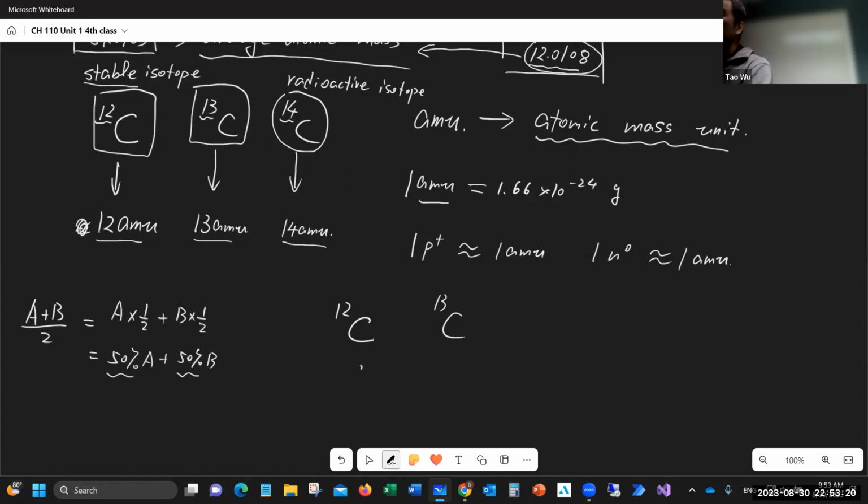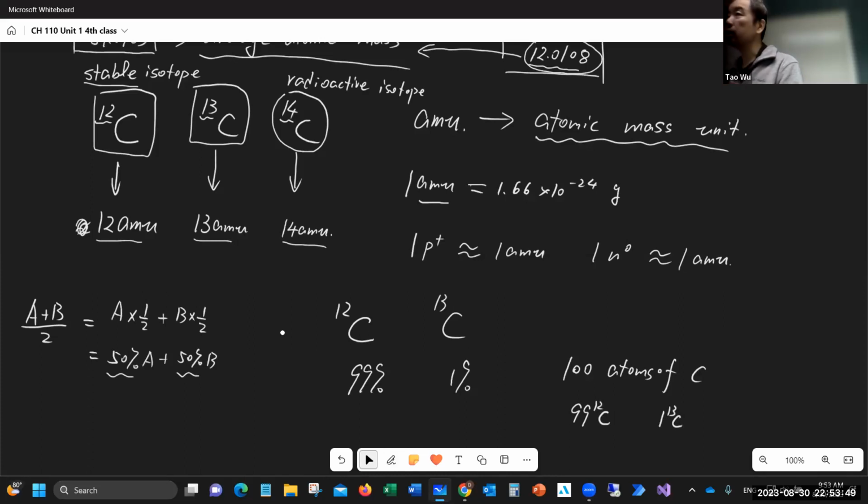In the real world, we have about 99% carbon 12 and only 1% carbon 13. So this is roughly the idea. If we have 100 atoms of carbon, we probably have 99 carbon 12, and just one atom is carbon 13.